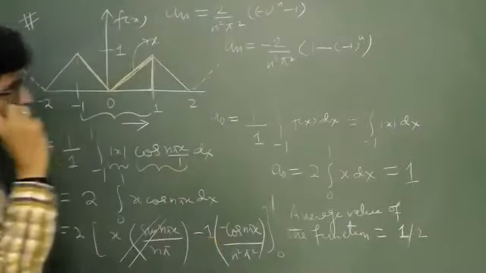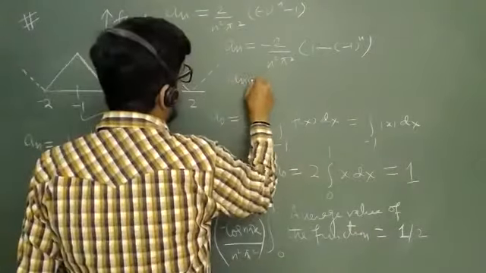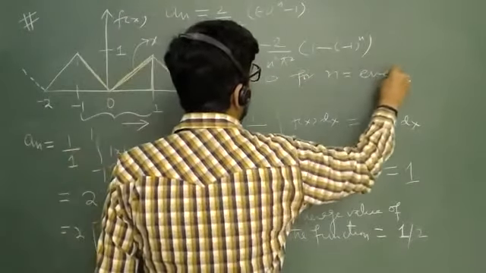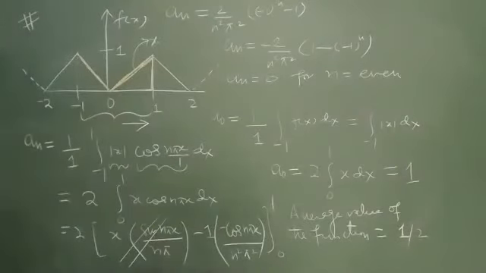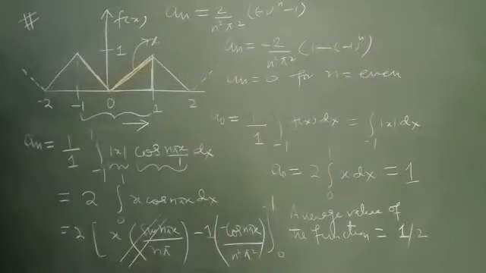So whenever n is even, it will become 0. So an is equal to 0 for n even. Many times they ask this question, when this coefficient is 0. Because whenever n is even, this minus 1 to the power n will become 1, right?